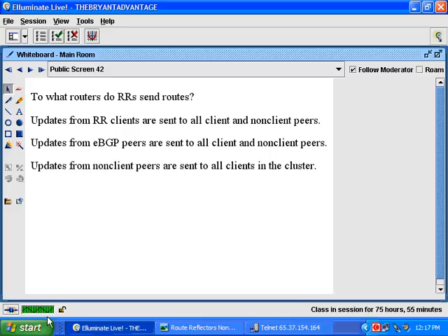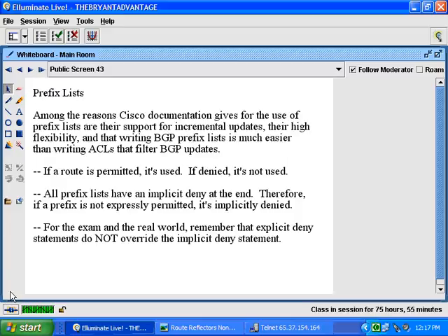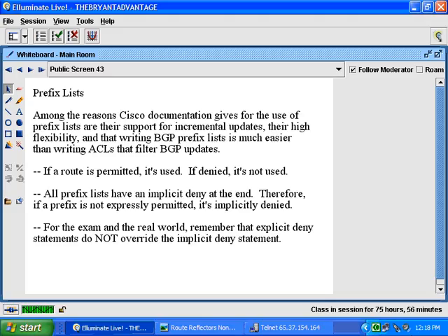And that's where the use of prefix lists comes in. And Cisco recommends prefix lists for filtering BGP updates. So do I, as opposed to trying to write an access control list to filter them. That's not always the easiest thing in the world to do. And you'll see that prefix lists, once you get used to the syntax, are very easy to work with.